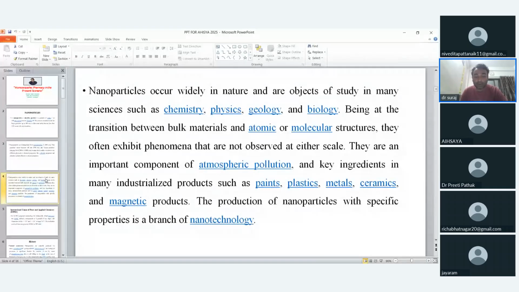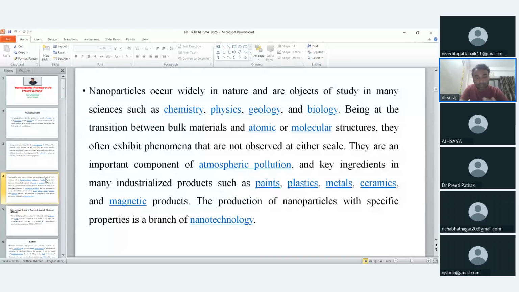And when we talk about industrialized products such as paints, plastics, metals, ceramics, and magnetic products, they all possess nanoparticles. The formation of nanoparticles with specific properties, like physical, chemical, biological, and pharmacological properties, comes under the branch of nanotechnology.